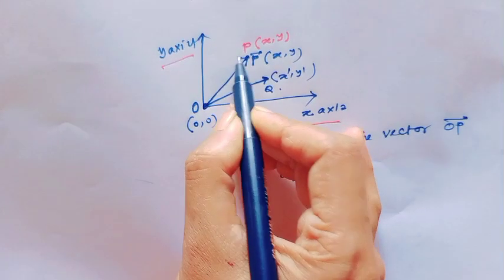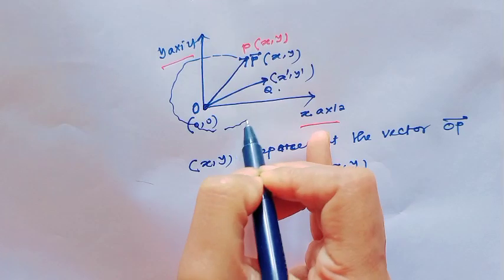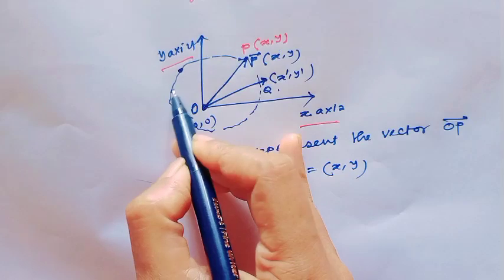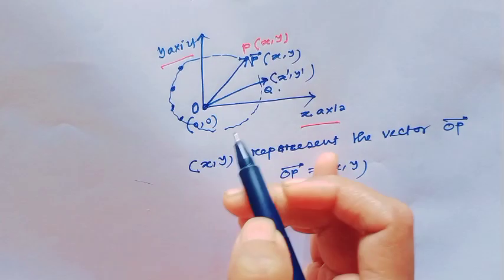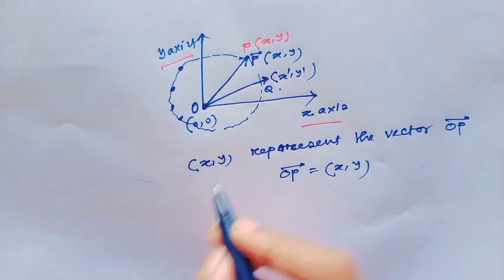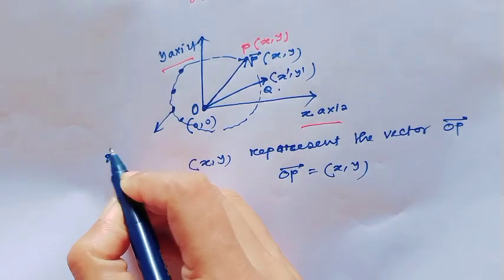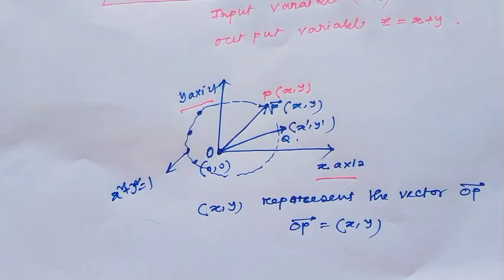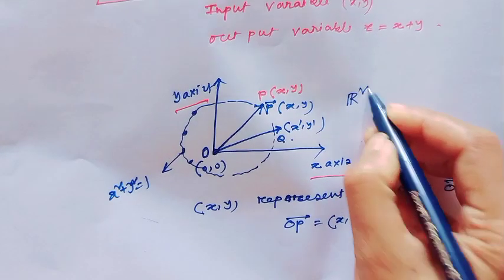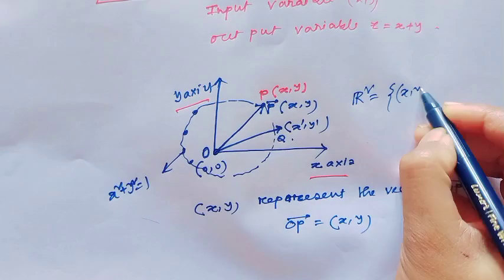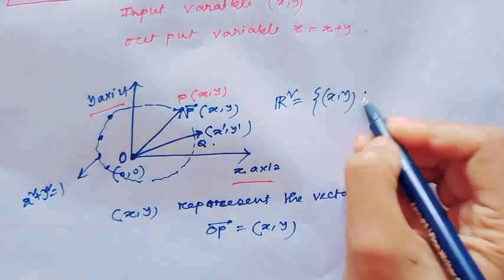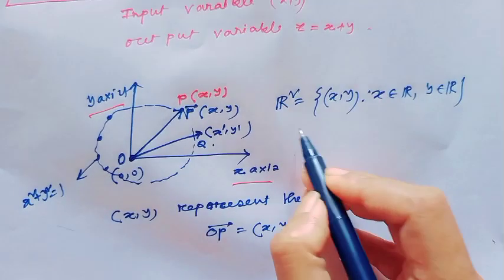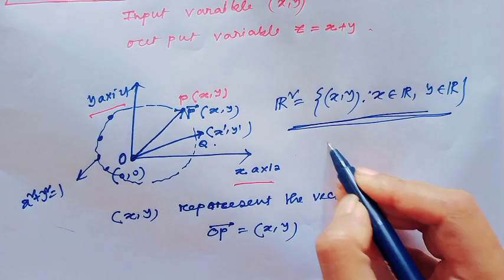If we consider in R2 a circle x squared plus y squared equals 1, then all the points on this circle are vectors. The space R2 actually looks like (x, y) where x belongs to the real line and y belongs to the real line. Here all points in this space are vectors.